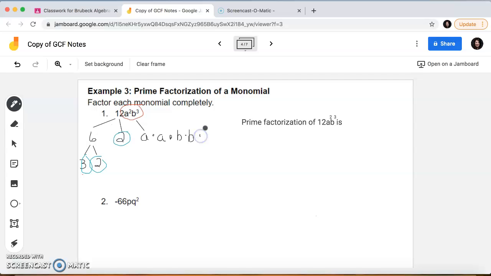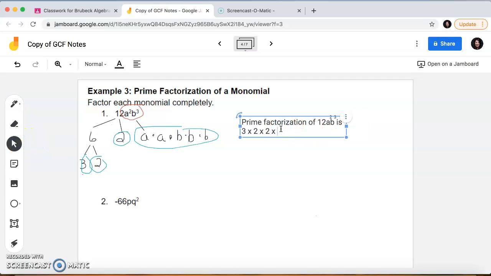So when we write out the prime factorization, not only do we need to write out 3 times 2 times 2, we also need to include the a's and the b's. So our answer is going to include 2 a's and 3 b's. And that is the prime factorization for 12, a squared b to the third.